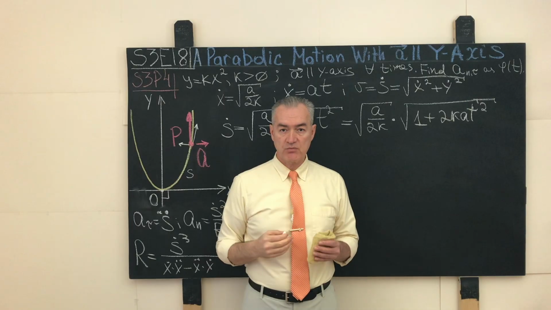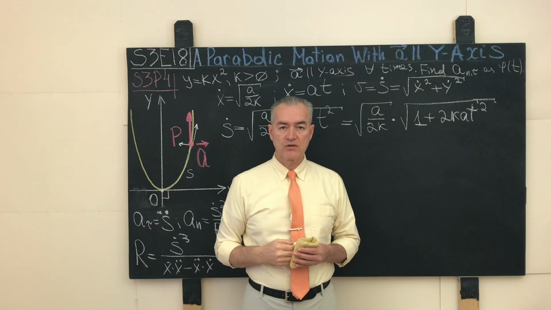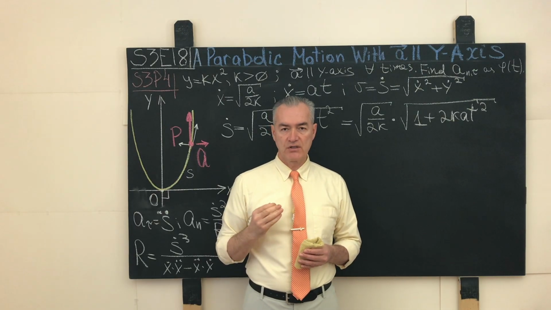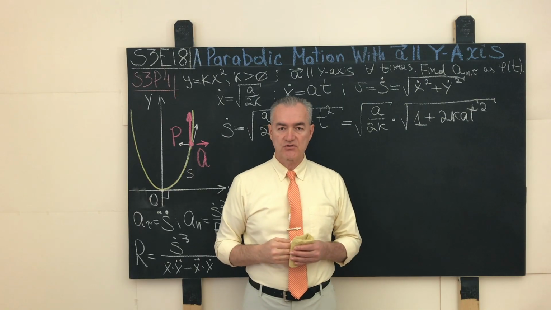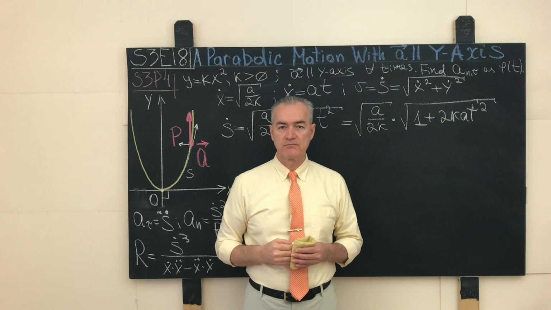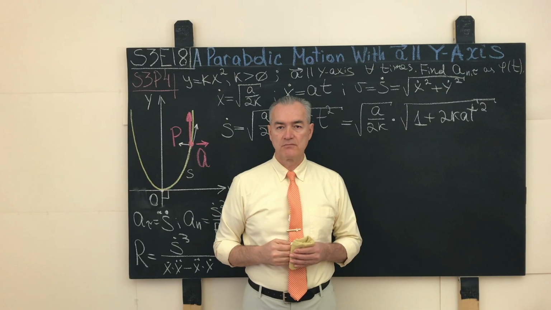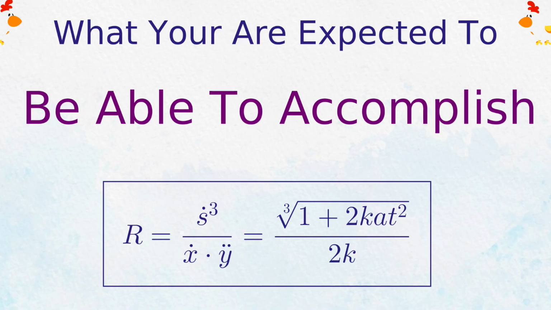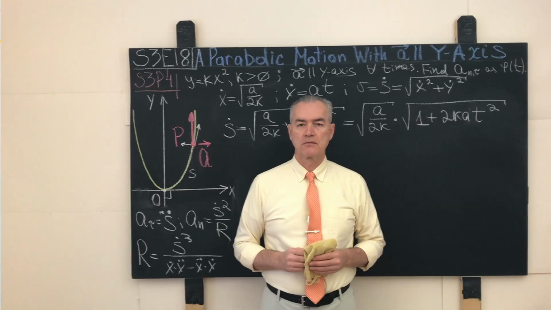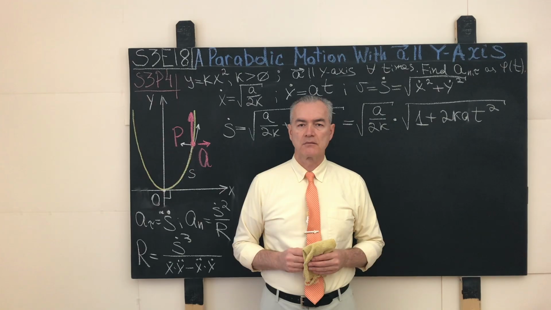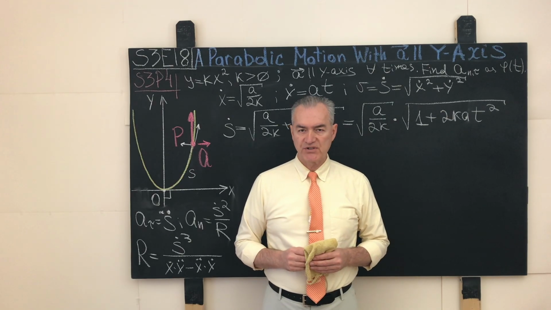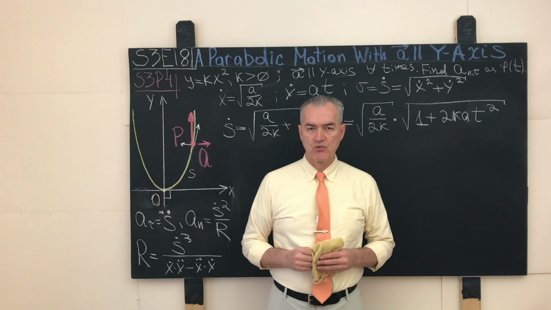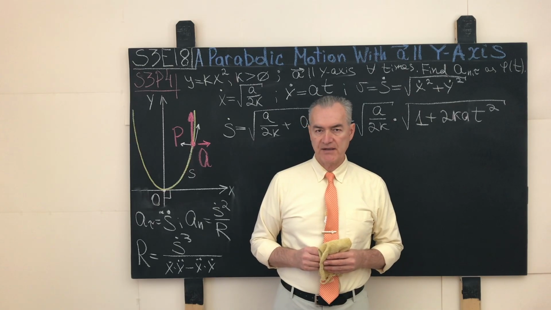And once we know that expression, we can also write down the expression for the radius of the curvature of the given trajectory at a given point. That is precisely because the acceleration vector of the moving point remains parallel to the y-axis at all times.